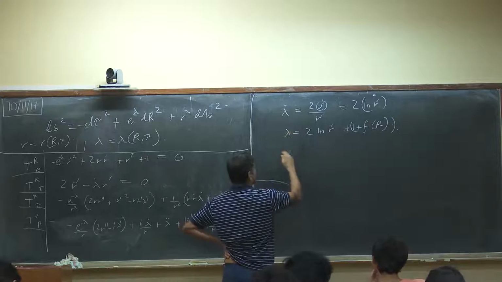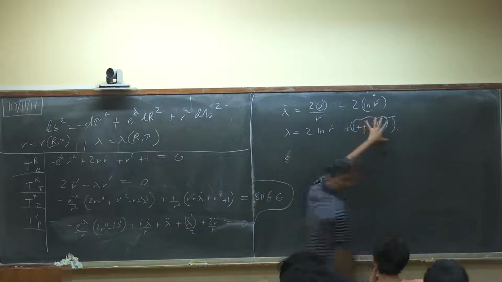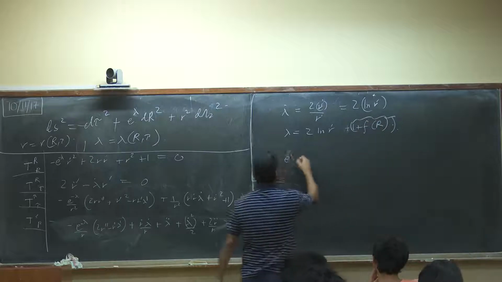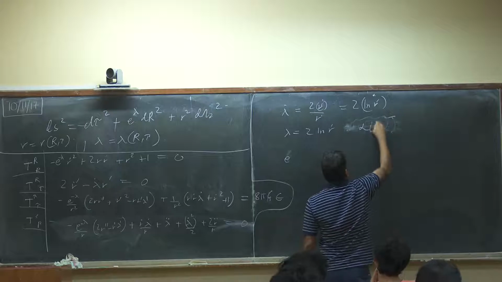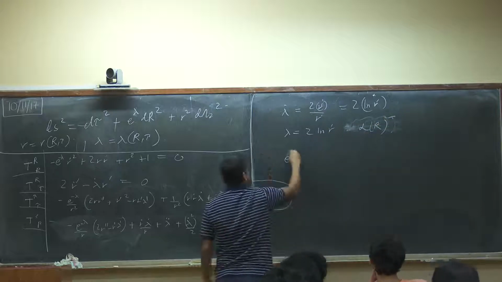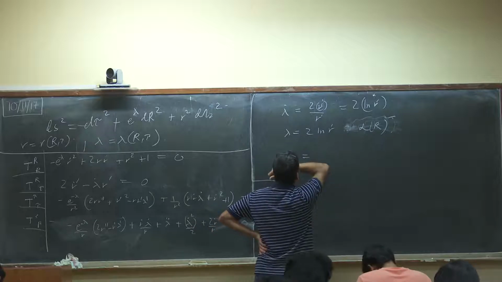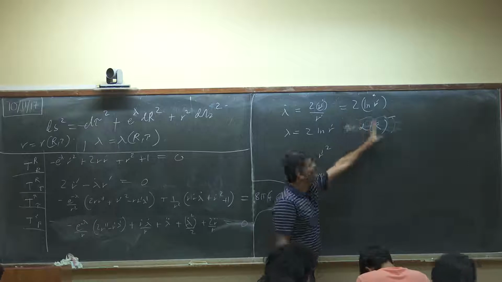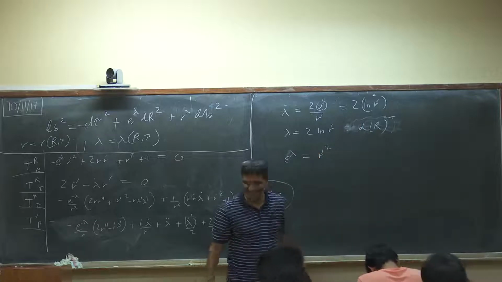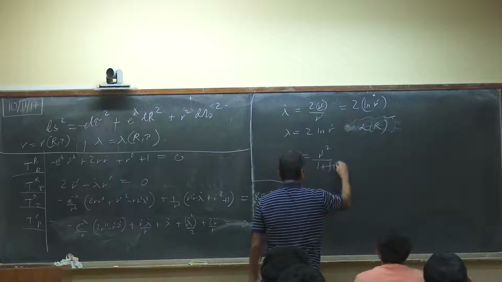So now we exponentiate this. Maybe even this is some function of r. I'll just call it alpha of r and then fix it in terms of Landau-Lifshitz later. So e to the power lambda is equal to r prime squared times some function of r. And Landau-Lifshitz called that whole thing, for their own reasons, 1 over f of r.